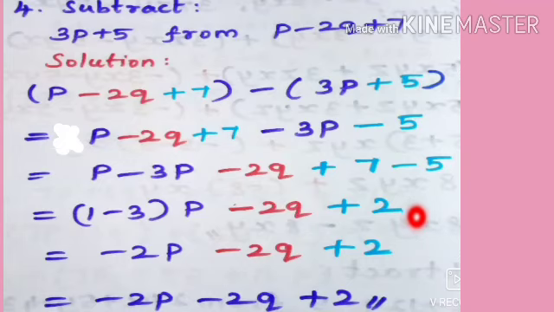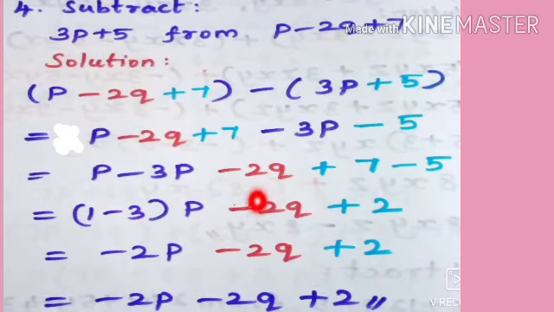So in the problem, first write the value from the expression and put the minus sign, and here the second expression should be in the next place after the minus sign. And here don't forget to put the bracket. And here by using multiplication of integer rules, simplify it.